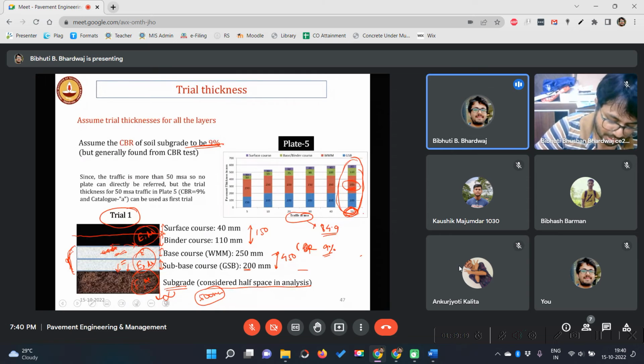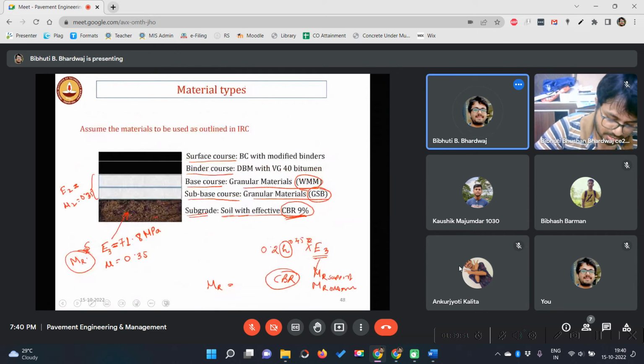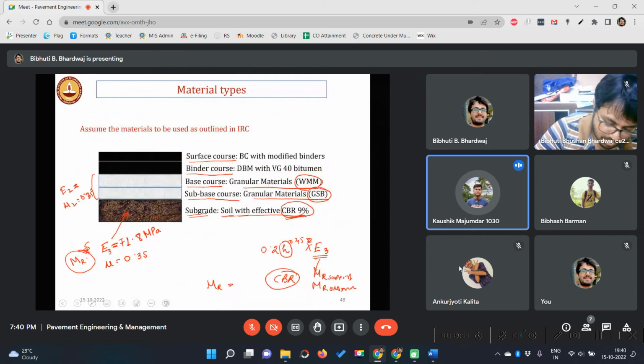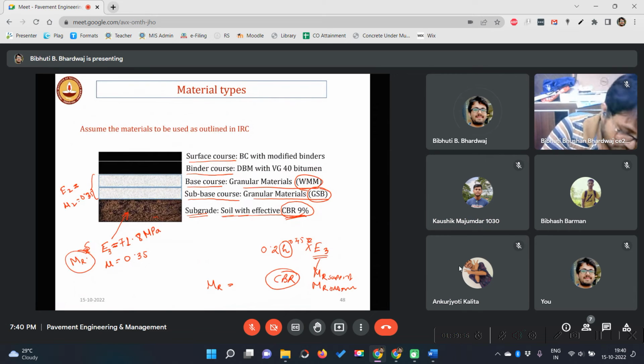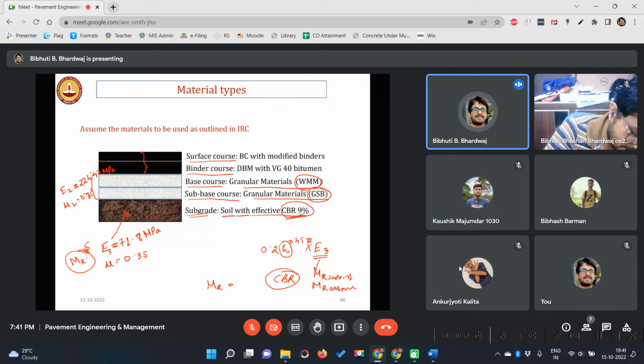Now, tell me. Sir, 224.47. 224.47 MPa. What about this binder course? Binder means bituminous mix. Considering this, it will be E1, mu1. Mu1 is 0.35 as given in the IRC.